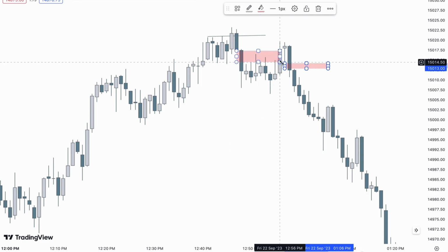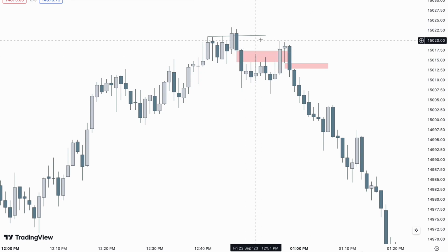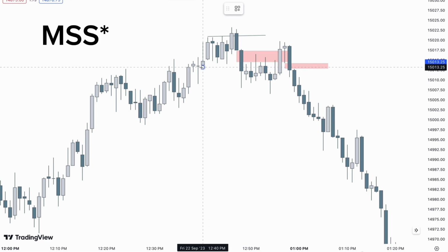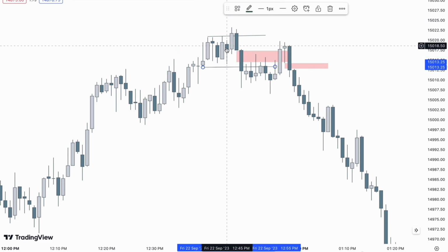ICT entered around this area on the 30-second, but I will explain how you can enter on the 1 minute time frame. Here we also got a market structure break, like this candle closed below it, and then this gap got filled.